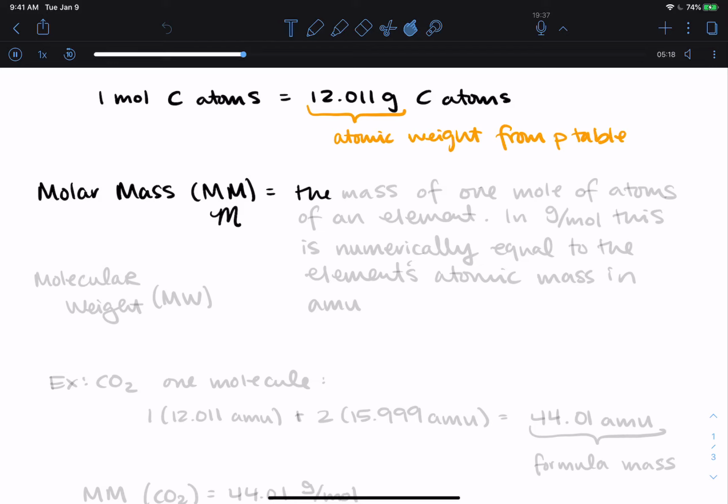And this is the mass of 1 mole of atoms of an element. And in grams per mole, this is numerically equal to the element's atomic mass in AMU.